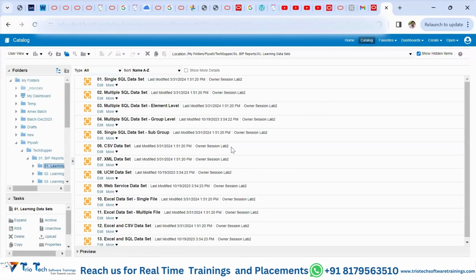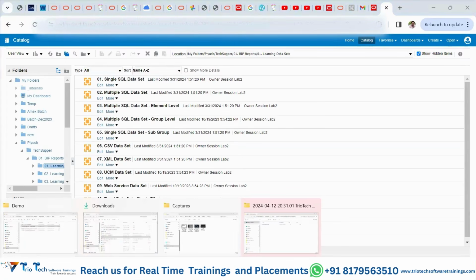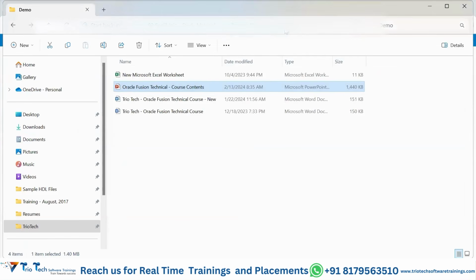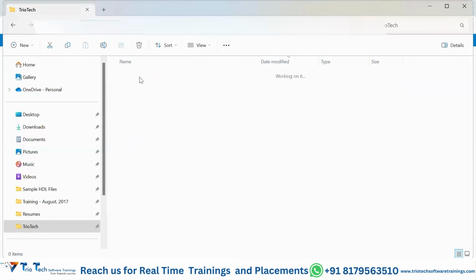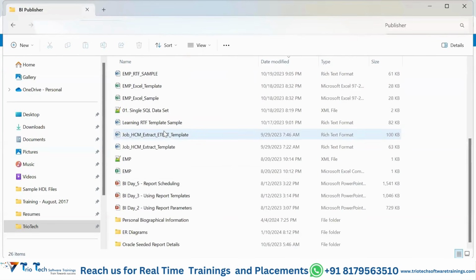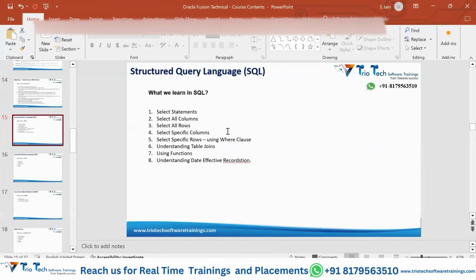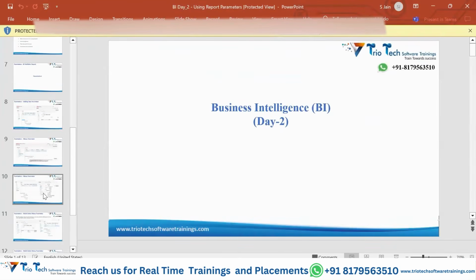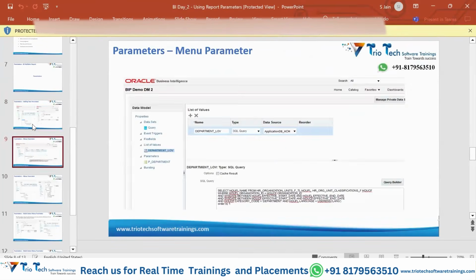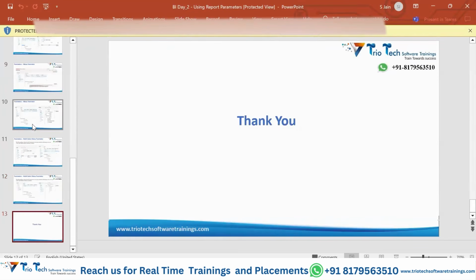Okay, clear, guys? Similarly for OIC as well, we have created sample studies, and as part of this curriculum, we have all the contents for all the technologies ready for you. We have lots of PPTs that we have designed that we will be handing over to you. You can use and refer to these PPTs for your requirements and for revising the topics.